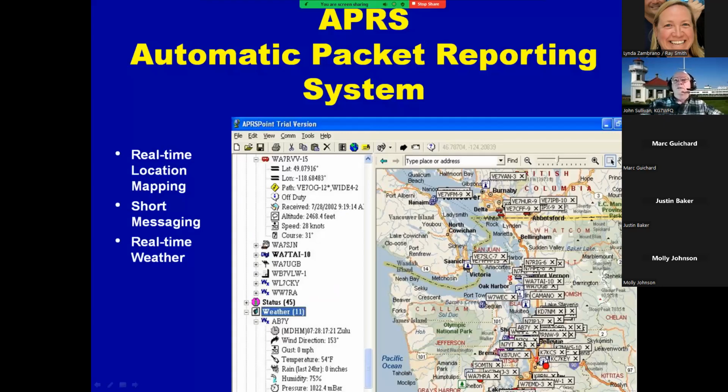The radio has to be one that's capable of doing APRS. Some have an internally built-in equivalent of a TNC, a type of TNC that can provide the digital signals necessary, or you may need a separate unit to do that.